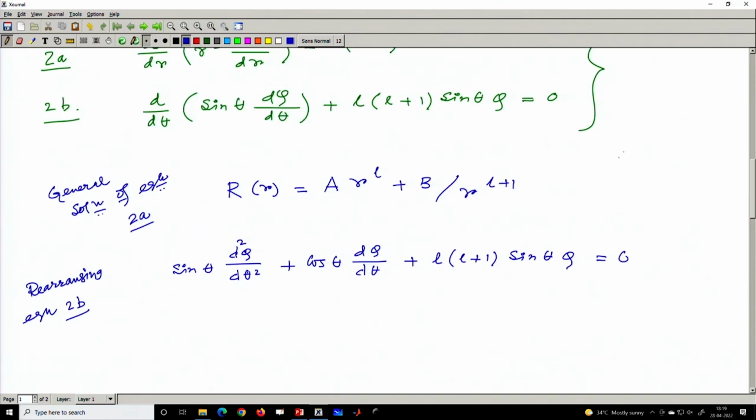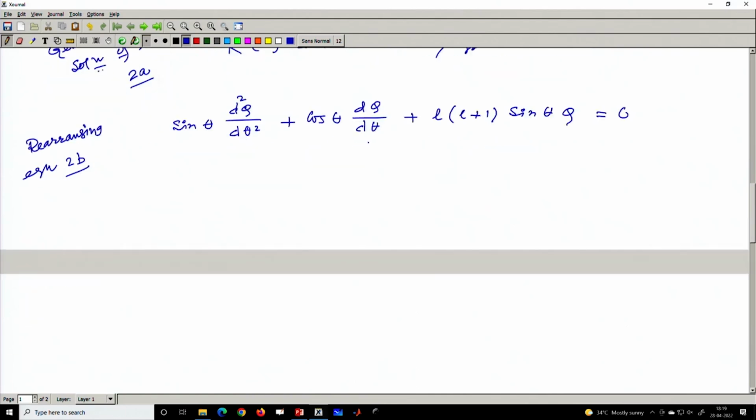Just to rearrange this term, I make the derivative, whatever the derivative we are having here, d theta, and then I am going to get this.